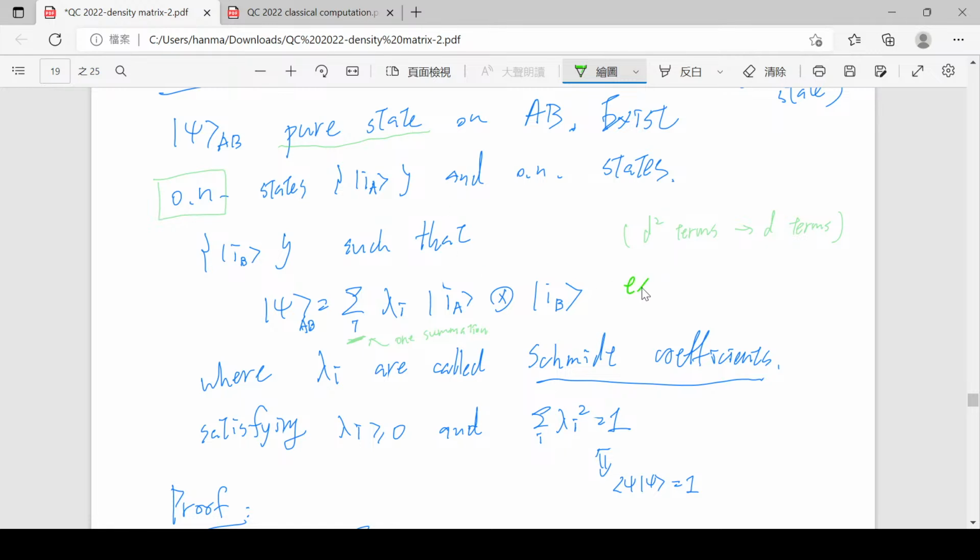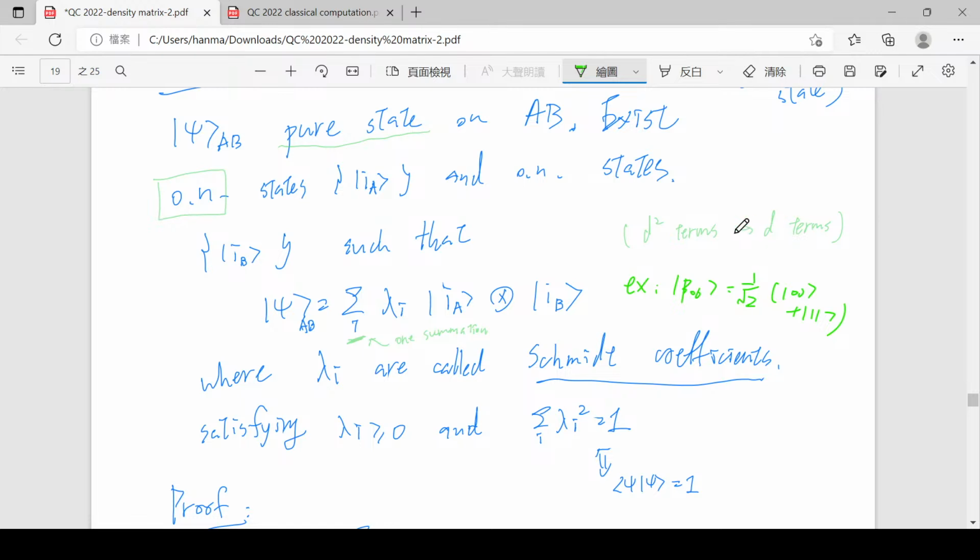So for example, our Bell state beta 0,0 is 1 over square root 2, |00> plus |11>. So it's a Schmidt decomposition where your 1A and 1B is just 0 and 0, and your 2A and 2B is just 1, 1. And lambda 1 is 1 over square root 2, lambda 2 is 1 over square root 2. Okay.